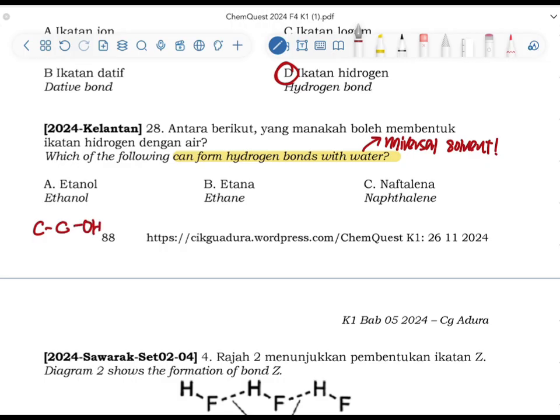The chemical formula for ethanol is like this, as I have drawn, and it has this OH, right? So it can form a bond with the water molecule, isn't it? These can all react with this H and then form a hydrogen bond. So the answer is ethanol, and ethanol is an alcohol.